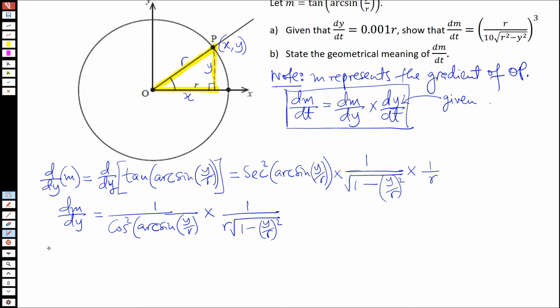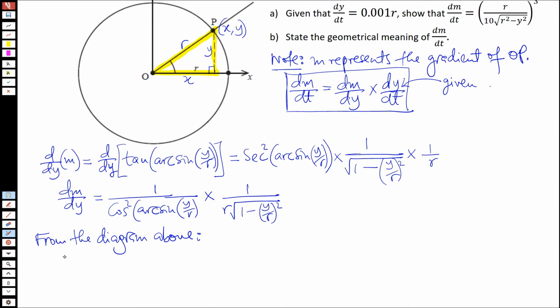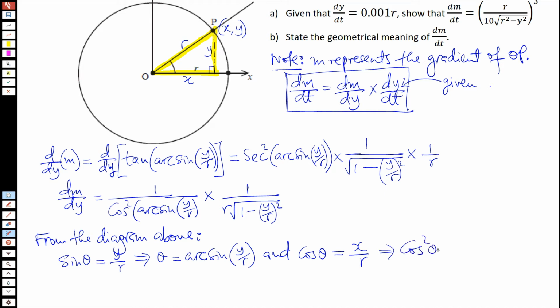So if you consider that triangle, from the diagram we can notice that sine theta is equal to y over r, which implies that theta is equal to arc sine y over r. And also we can notice that cosine of theta is equal to x over r, which implies that cosine squared of theta will be x squared over r squared.